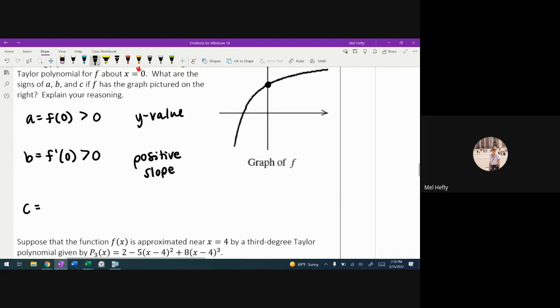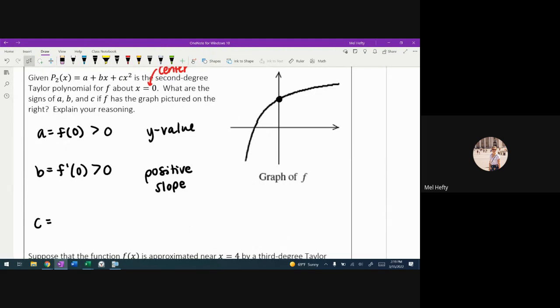C. How do I normally get the thing in front of the second degree term? Is it just the second derivative? Divided by 2 factorial. Now that's not going to change the sign, but I'm going to record it because it will help in the second question we're about to do. What does the second derivative normally tell me on a graph? Concave up, concave down.